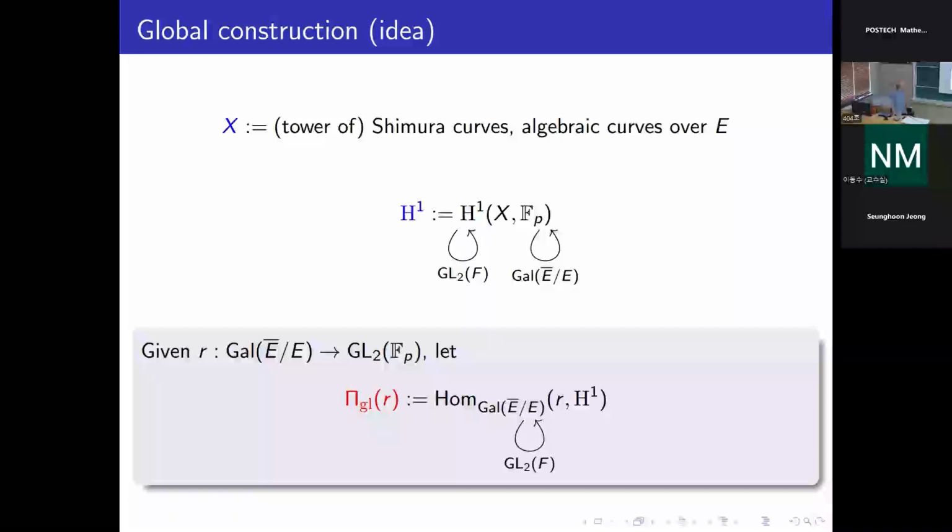This is something I studied some years ago. In the mod p setting, when you study p-adic groups acting on a mod p vector space, it is still natural to study the irreducibles, and there's still a notion of supercuspidal.